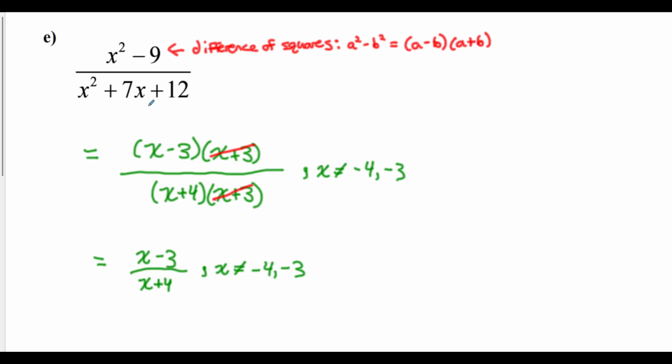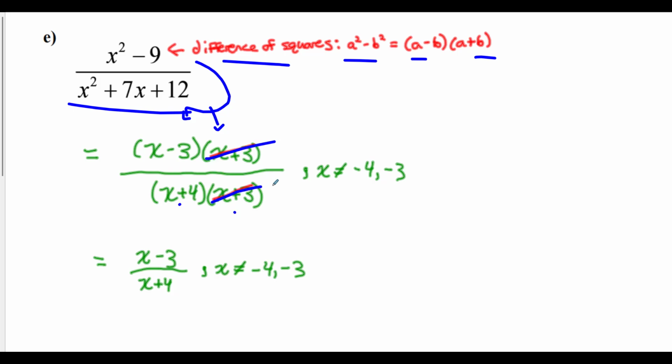Remember your factoring skills from grade 10. But this is the difference of squares: a squared minus b squared equals a minus b times a plus b. So x squared minus 9 factors into these two brackets, x minus 3 and x plus 3. And the bottom is, once again, two values that add up to 7 and multiply to 12, 4 and 3, so x plus 4, x plus 3.